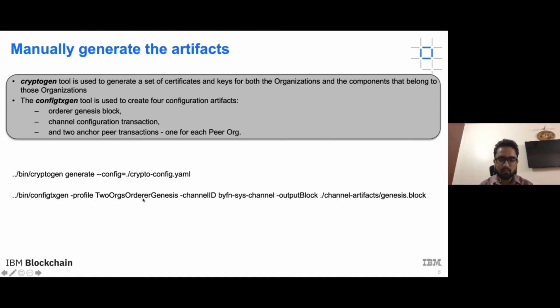This is the profile that we are going to use, the two organization orderer Genesis profile, for the Genesis block that we have to create. What is the channel ID for the orderer? This channel ID is different from the channel ID that we are going to use for the peers. So this channel ID is for the orderer, and this is the output path where we have to generate our Genesis block.